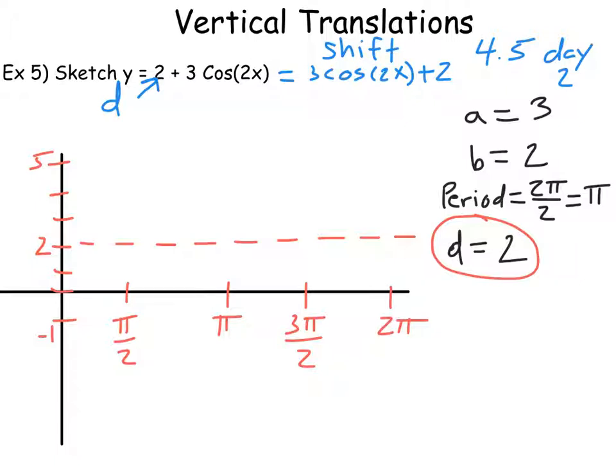All right, and that's because of the shift. The way to think about it is if you have that shift marked at y equals 2, okay, where 3 comes into play is we're going 3 units up and 3 units down, but we're starting at 2. Okay.